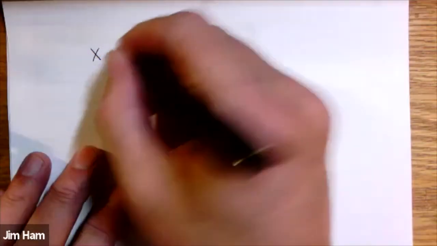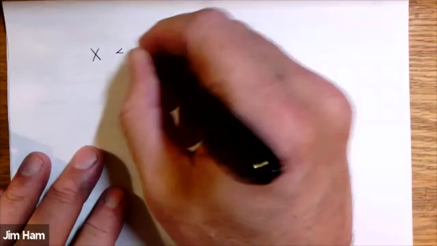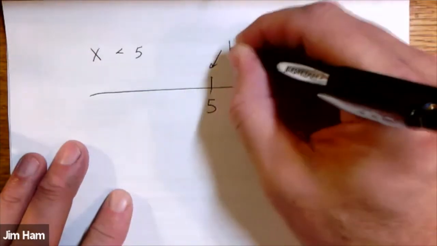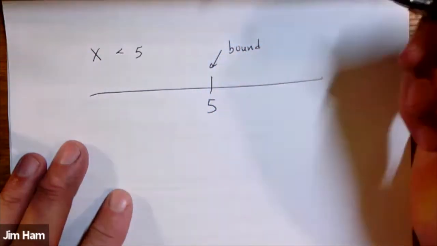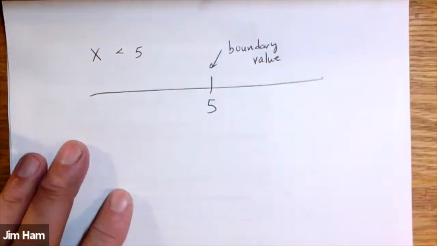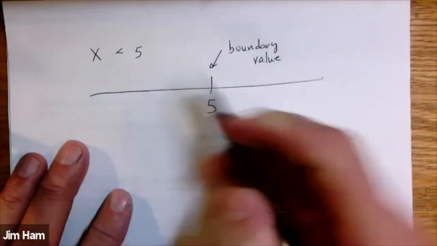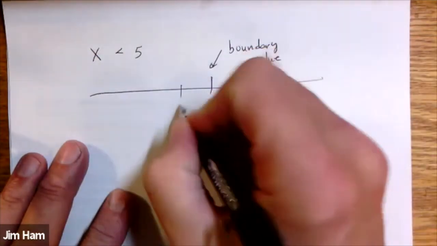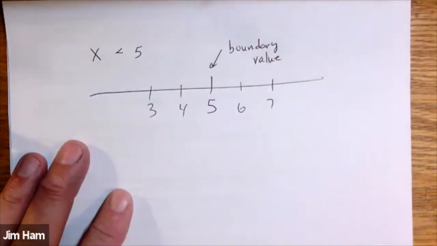I guess we did this back in chapter 1 maybe, but if you had something like x is less than 5 on a 1-dimensional number line, we would identify the boundary value and then put some kind of marking on it, maybe a couple of numbers to the right and a couple of numbers to the left to establish a scale.